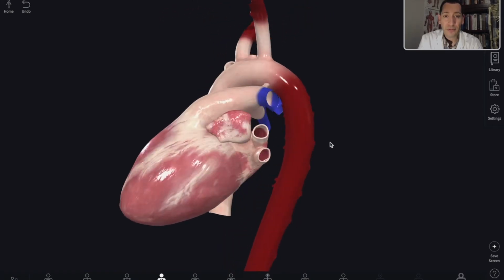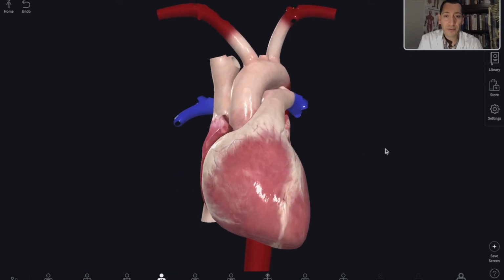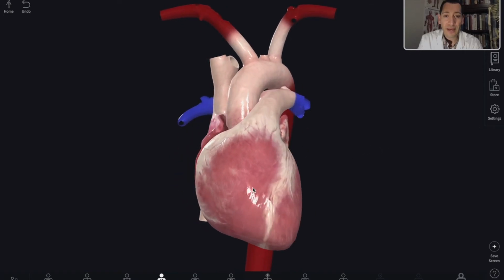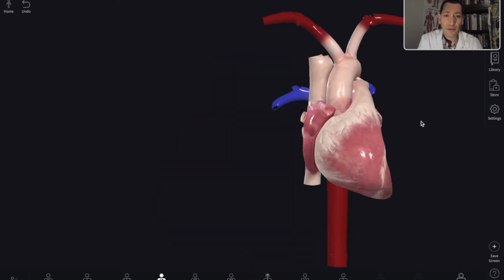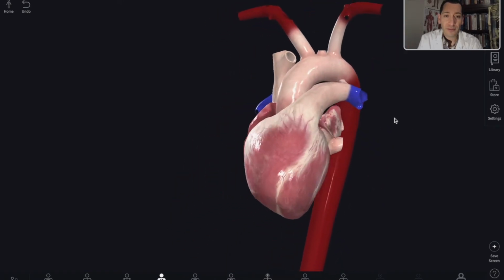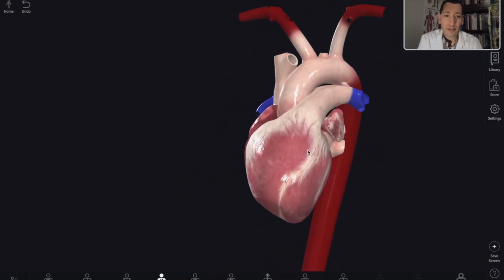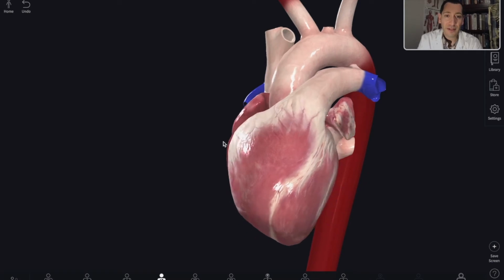In other words, when we look at it like this, this is actually the anterior surface. This surface would be closest to your chest, where here would be the posterior surface. So, in other words, when we look at it like this, this is actually the right side of the heart, and this is the left side of the heart. You see that?